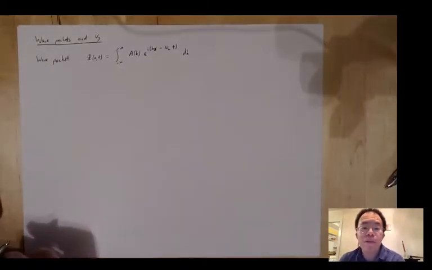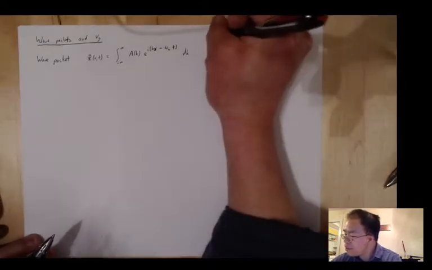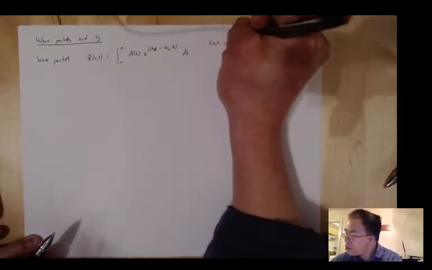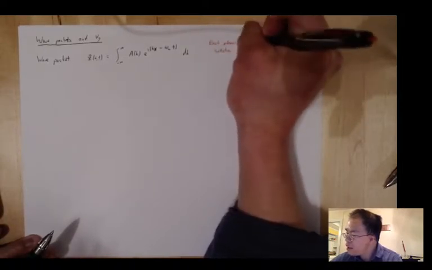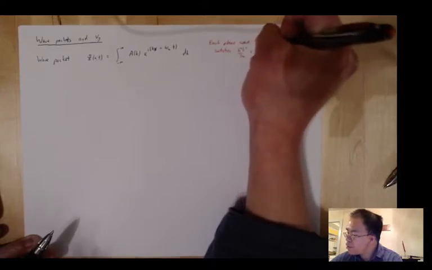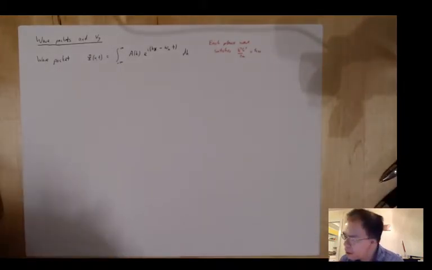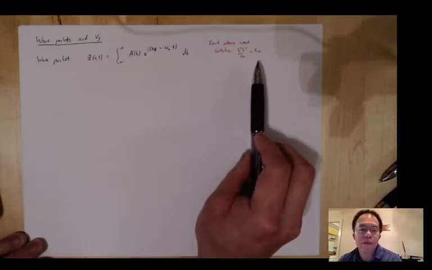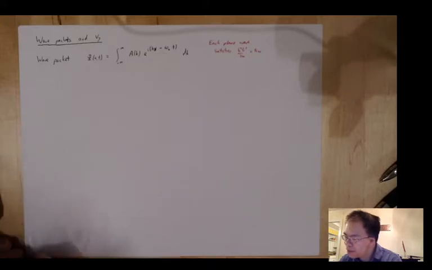The reason I'm writing omega sub k is to remind us that omega is going to be different for each wave number. Each plane wave has to satisfy h bar squared k squared over 2m equals h bar omega, right? So every time we have a different k, there's also a different omega associated with that. So that's why omega is k dependent.